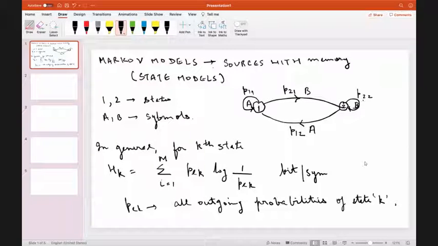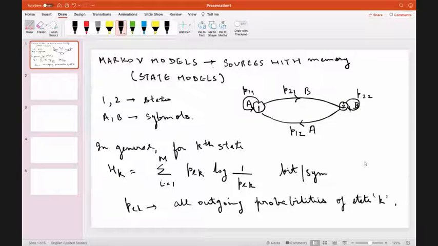Similarly, for state 2, it will be P22 and P12 because they are outgoing probabilities for state 2. The self coming back is both an inward and an outward probability, so it will also be considered an outward probability.